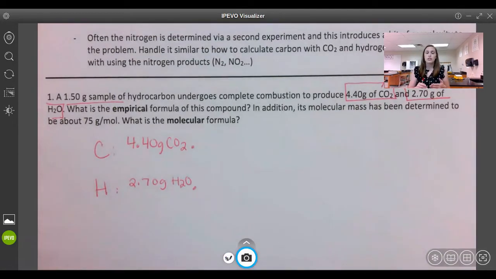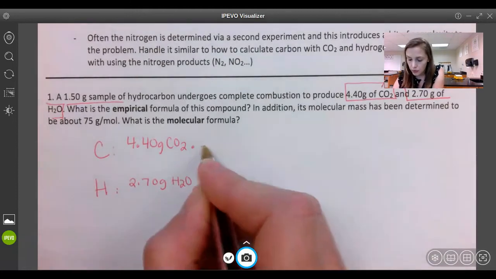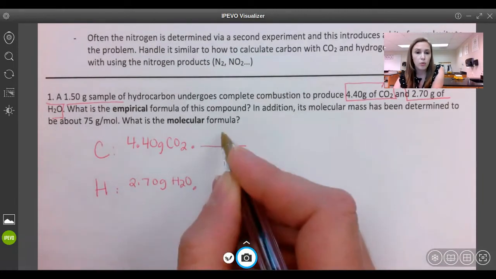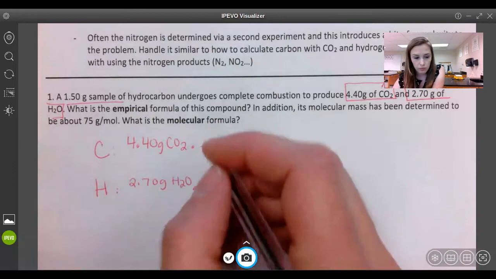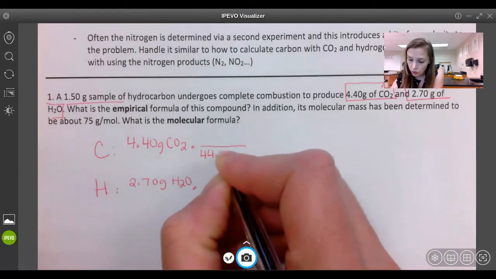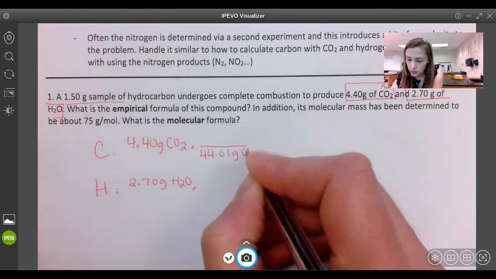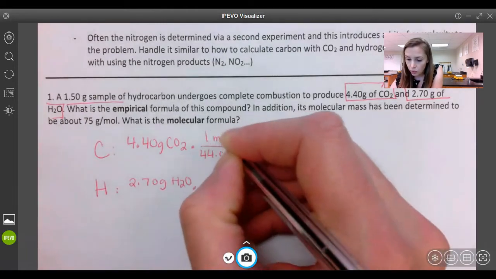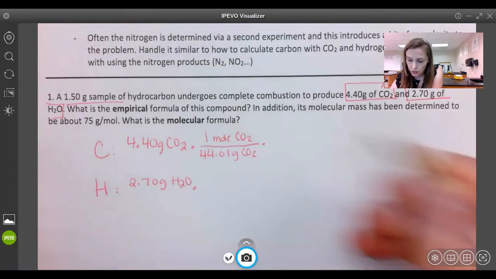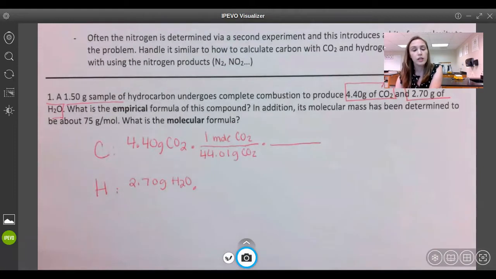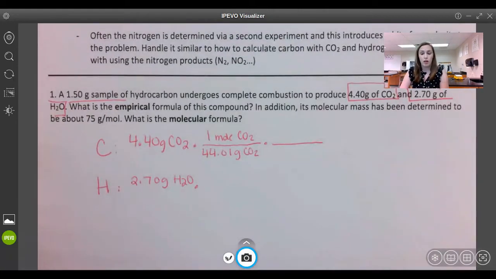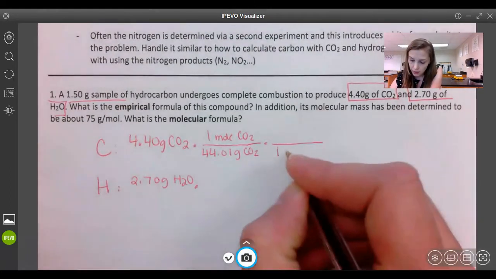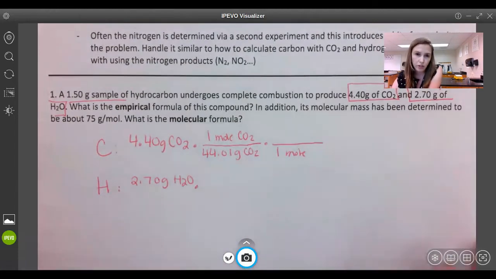Okay, remember, we're just interested in the carbon and hydrogen, so we're going to use some dimensional analysis here. So using the molar mass of CO2, we're going to get moles of CO2 that were produced. So 44.01 grams of CO2 per 1 mole of CO2. Okay, we want to get to our moles of just carbon. So this step is important just because I think it helps when we do hydrogen.